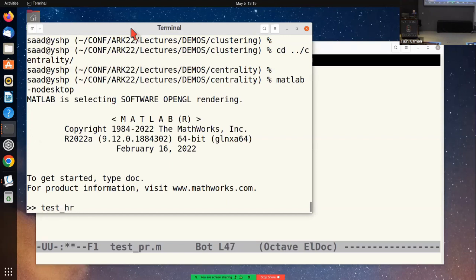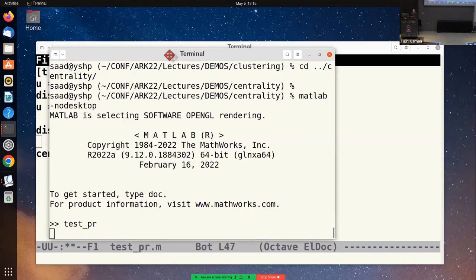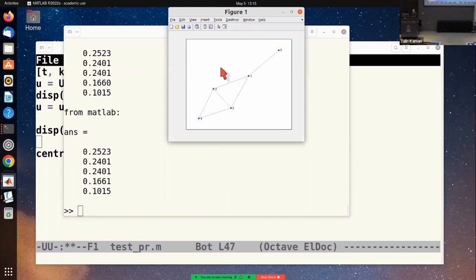All right. Yes, test PageRank. So it takes a little while. Here we go. That's the graph. And this is a slightly different graph from what I saw this morning. And you can tell from here, these two are going to be more important.